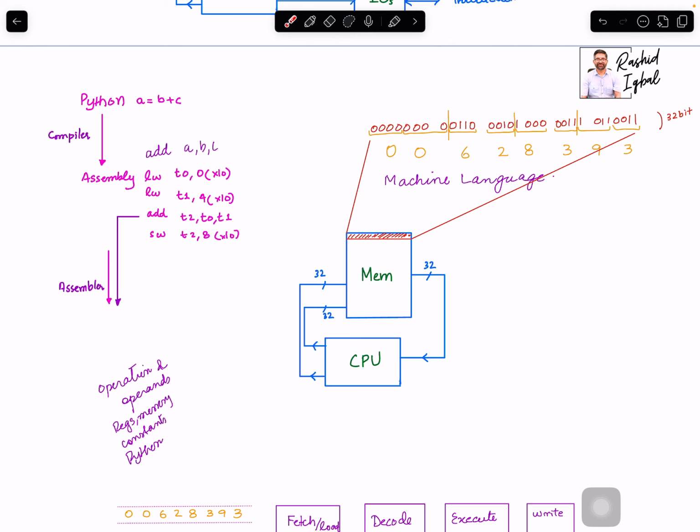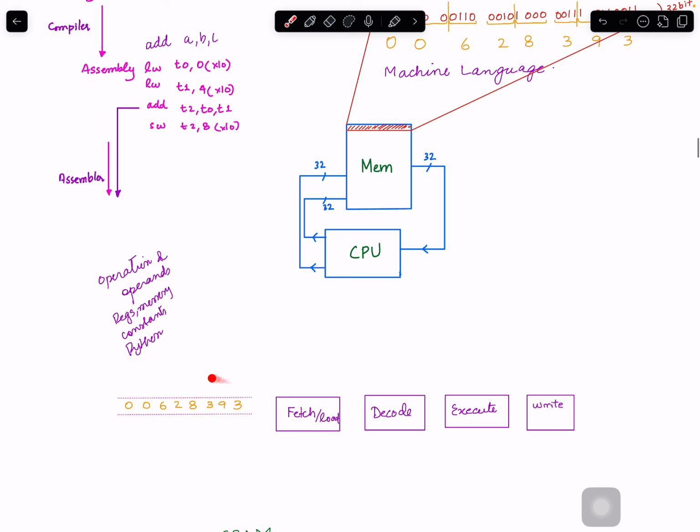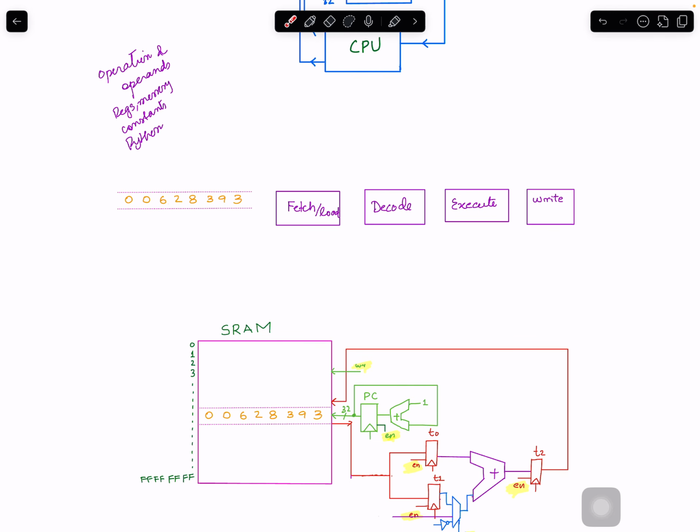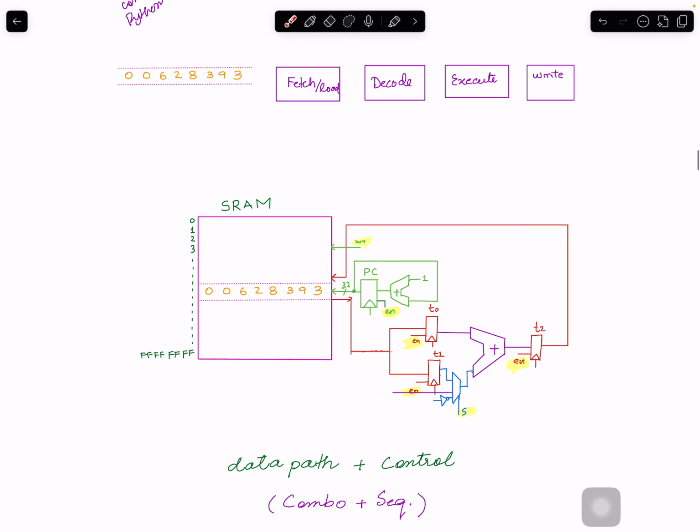When the instruction comes in, it fetches it, decodes what type of instruction it is, executes it, and eventually writes the result back. The RISC-V architecture has just load and store when it comes to accessing memory, but all the other instructions operate on the registers inside. This was a generic example.